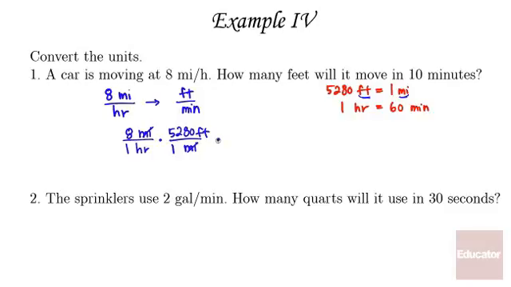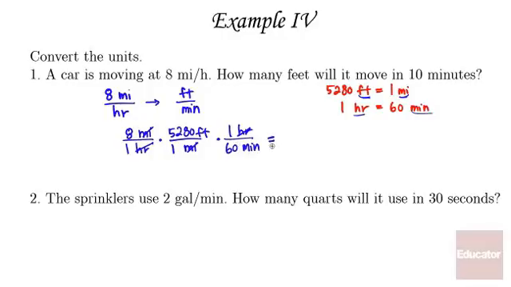Which one do I want on the top? Well, the hours, because here the hours is on the bottom, I want it to cancel out, so I have to put it on the top. So 1 hour over 60 minutes. Cross cancel that out, right?